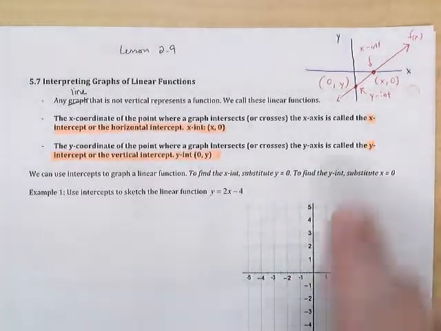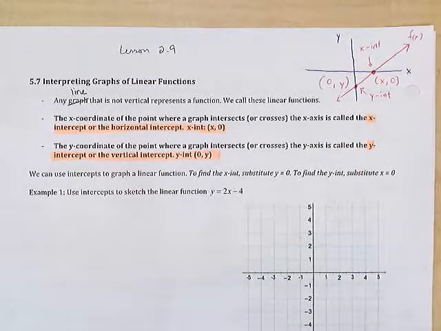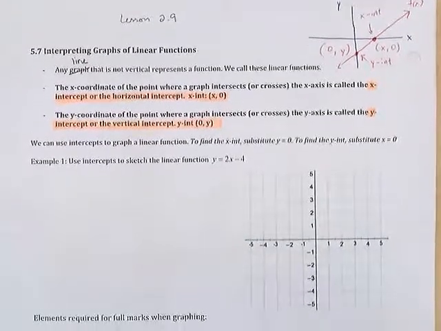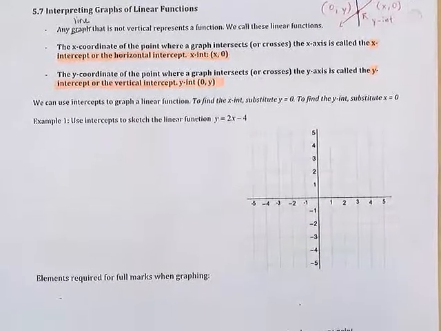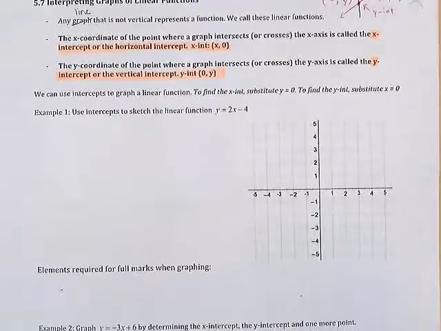Because moving forward, grade 11 applied, grade 11 pre-cal, x and y intercepts are extremely important to us. And in a word problem, they actually always mean something within that context, okay? So very, very important for you to understand this. It's not just a point, it means something specifically, okay?